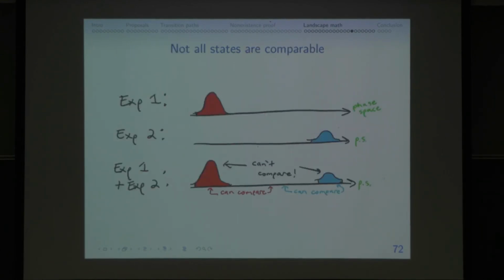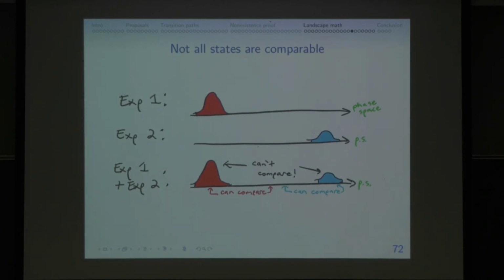Another thing is that sometimes maybe you have information that you can't compare, but which still tells you something. For example, if I did one experiment in one region of phase space, and I found that these states over here are more likely than this sort of empty desert, and then I did a separate experiment, and I found that these states over there are more likely than this region over here, I can imagine combining that information into one little graph.